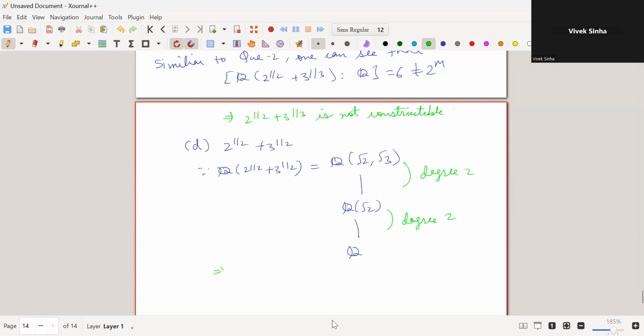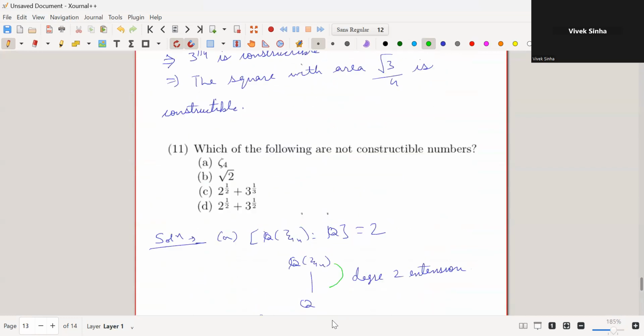So this implies this number is a constructible number. Okay, so this is question number 11.